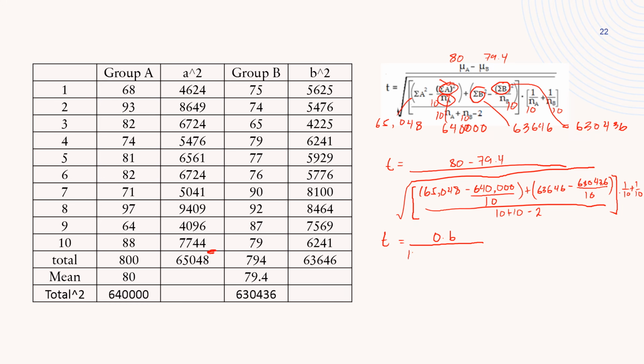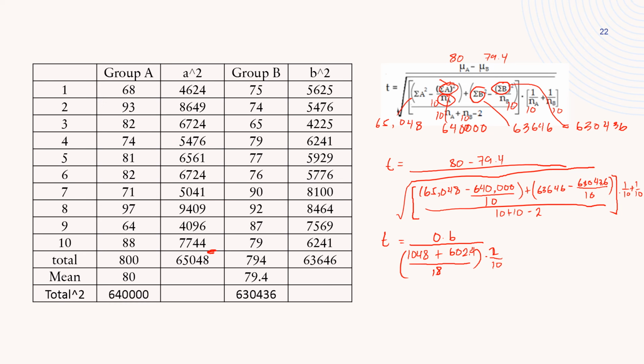That comes out to 1,048 plus 63,646 minus 630,436. That would amount to 602.4. Okay, so this would be added, but after adding them, we divide them by 18, and we multiply the whole quantity to 2 over 10.